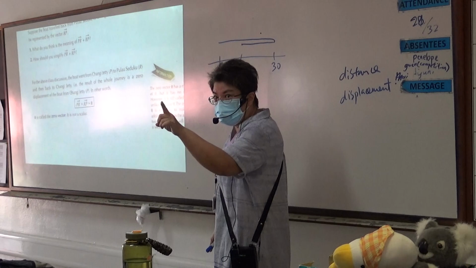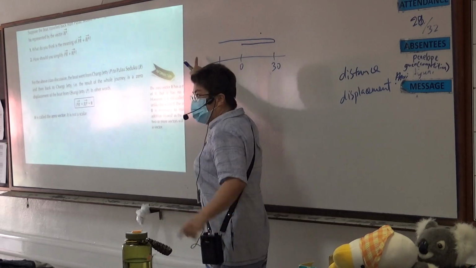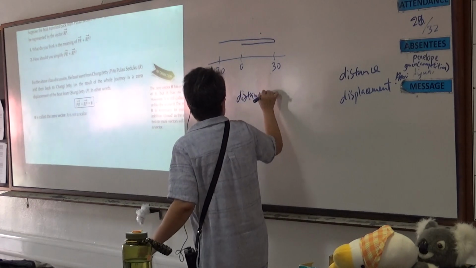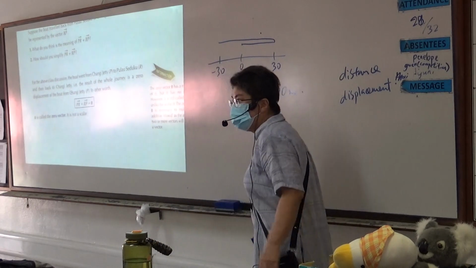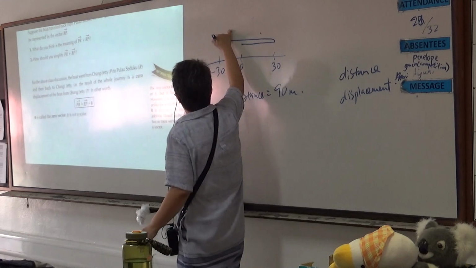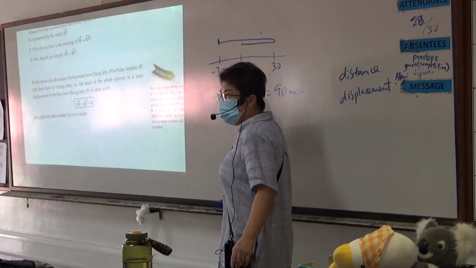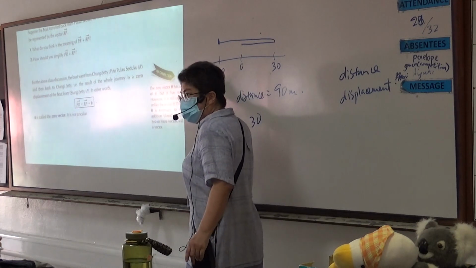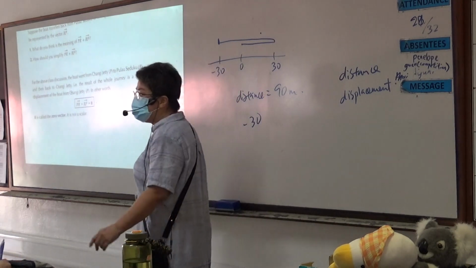Hey, I'm talking to you, this is important. 30, 30, 30, right? So it's 90. But this is called distance. 90, let's say meters. Now, what about the displacement with respect to O? It's actually negative 30 because it's on the left side, 30 meters.